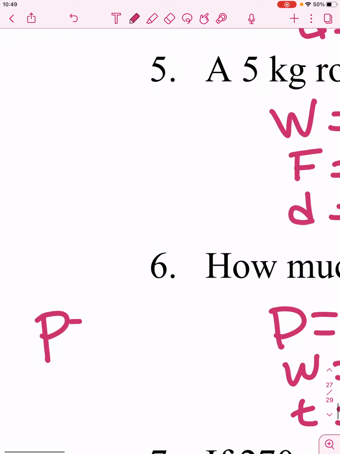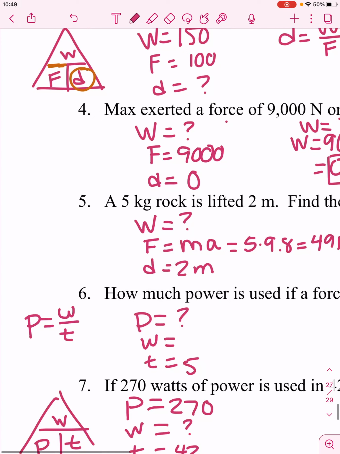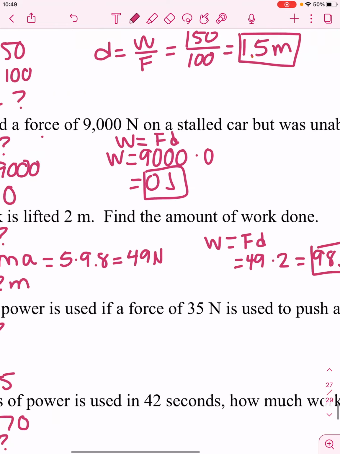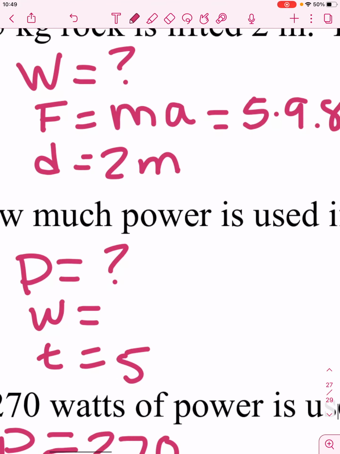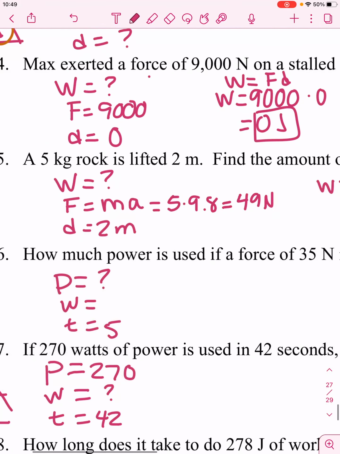So I have my time. As far as my work goes, I don't have my work in terms of joules. I have a force and I have a distance, and that's enough, because as we learned up here, W equals F times D. So I'm just going to plug that in instead.